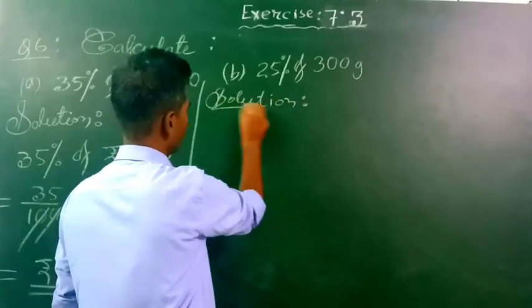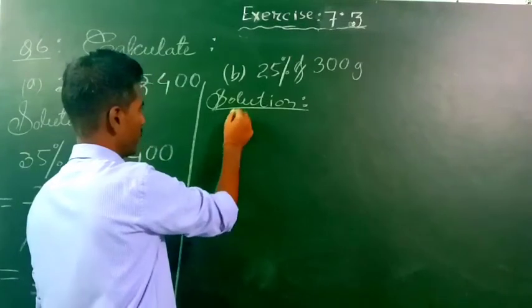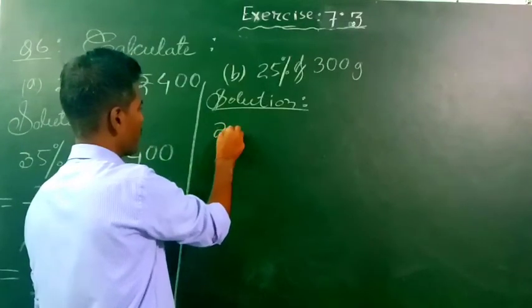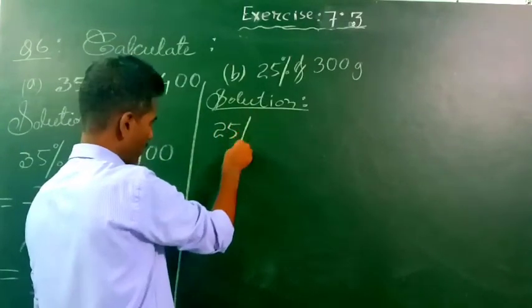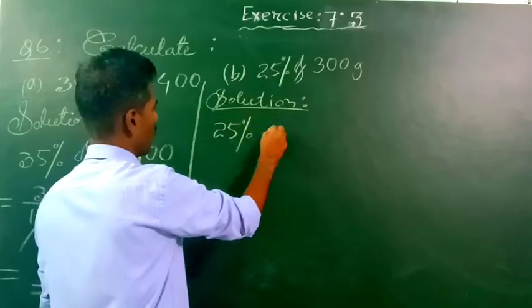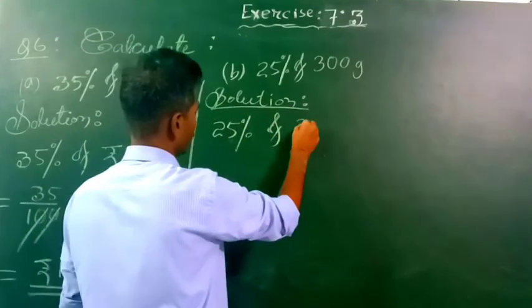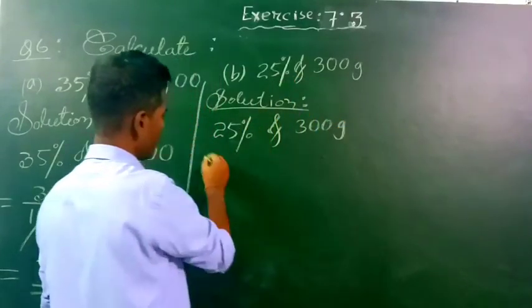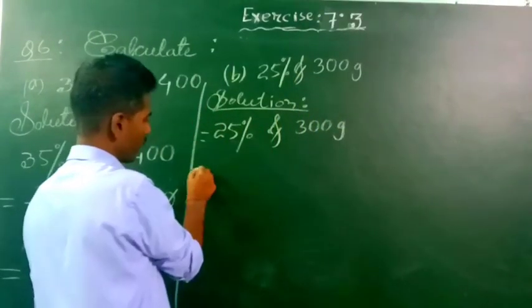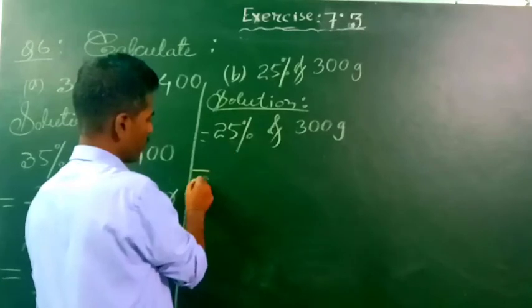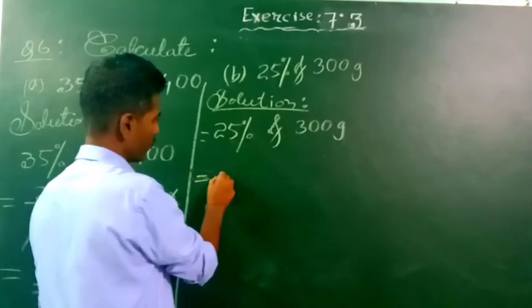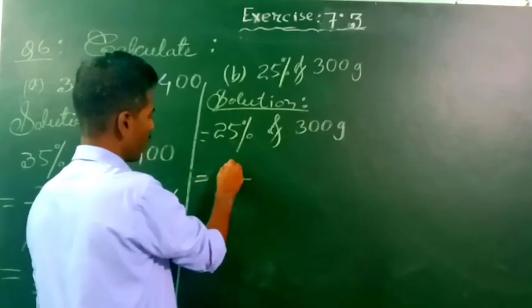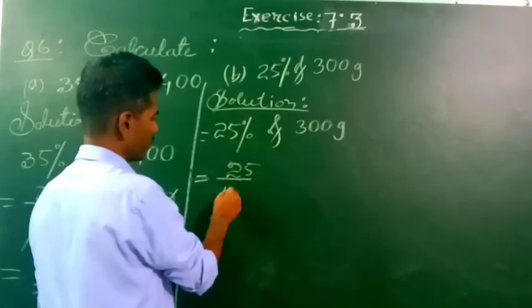Now see, 25% of 300 gram. Now the following step, see, 25% means what? 25 out of 100.